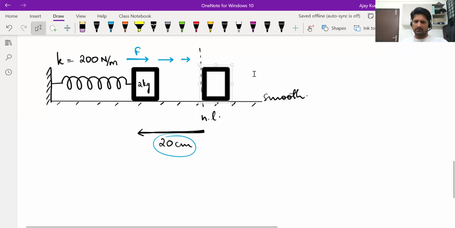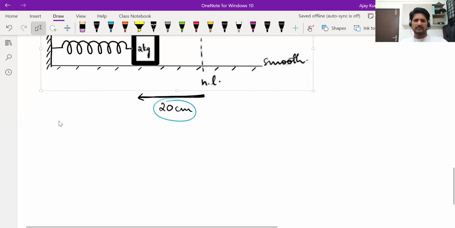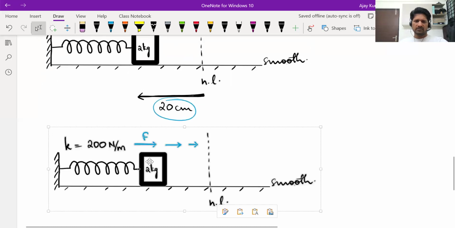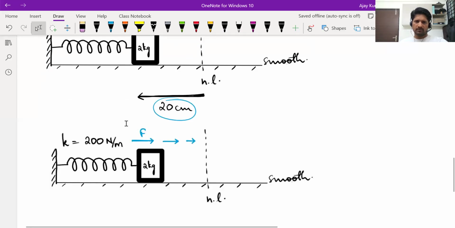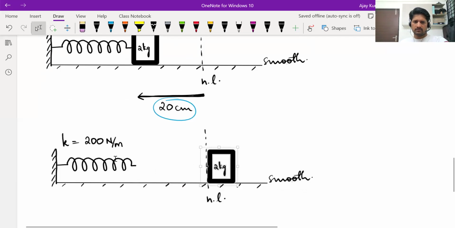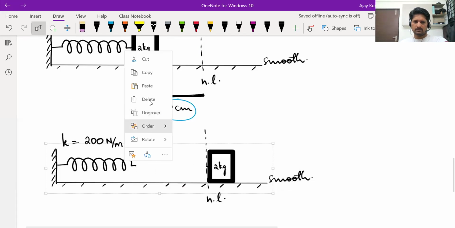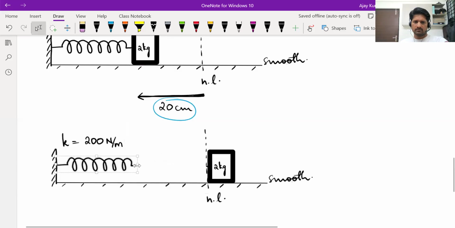Suppose it reached the natural length. Just a moment, I'll take another diagram. Let's say the spring has returned to its relaxed length. What will be the state of the block at that instant? Will it be at rest or will it still be moving forward? The spring has returned to its natural, relaxed state.